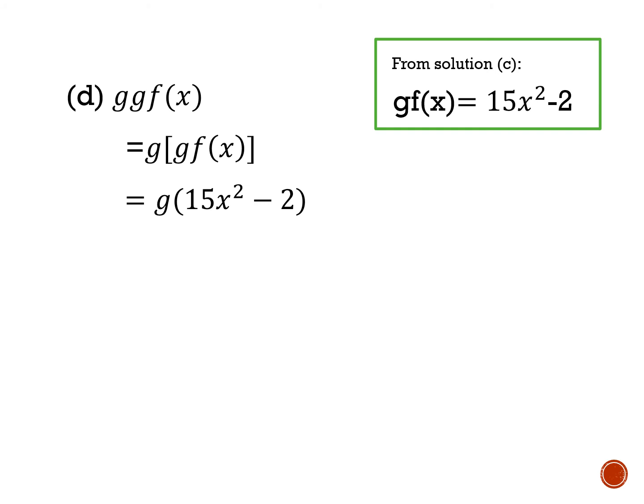Then we substitute 15x squared minus 2 into x of g(x). We get 5 multiplied by (15x squared minus 2) minus 7, and we expand until we get 75x squared minus 17.